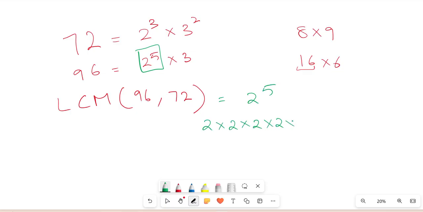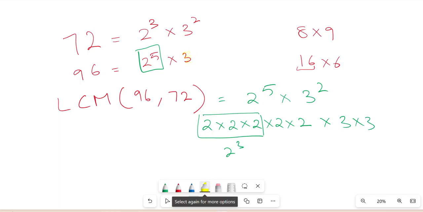Same will happen with 3 square. If I am writing 3 into 3, the 3 which is present in 96 is part of it. So this is the smallest number possible which is divisible by both 72 and 96. I have picked the highest power in both cases, 2 raised to 5 and 3 square. Automatically it will become divisible by both 72 and 96.